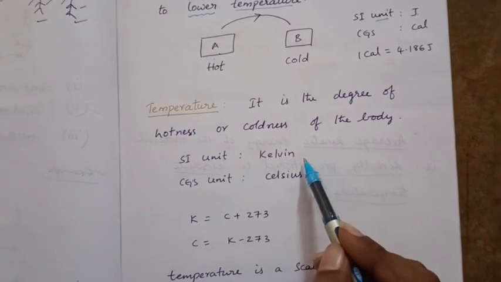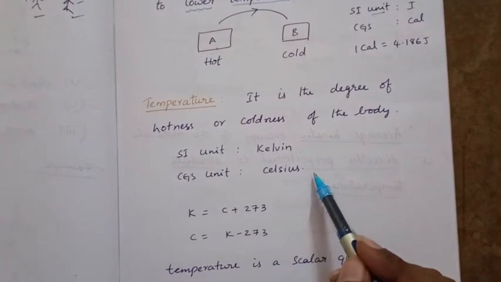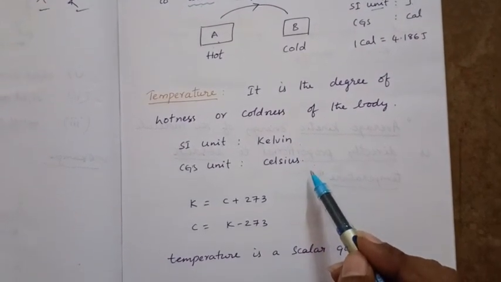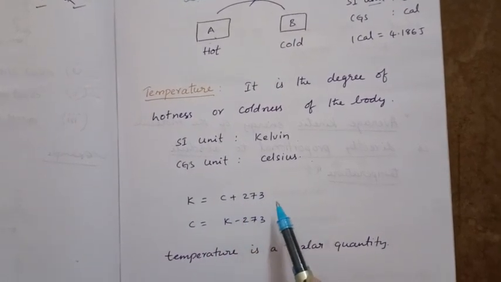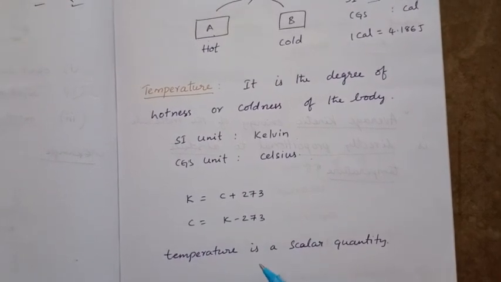The SI unit of temperature is Kelvin, and the CGS unit of temperature is Celsius. The relation between Kelvin and Celsius: K equals C plus 273, and C equals K minus 273.